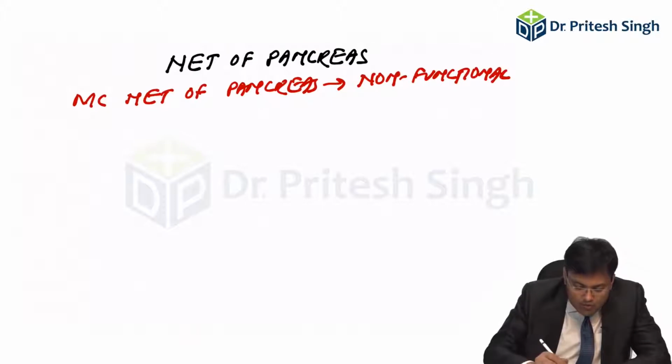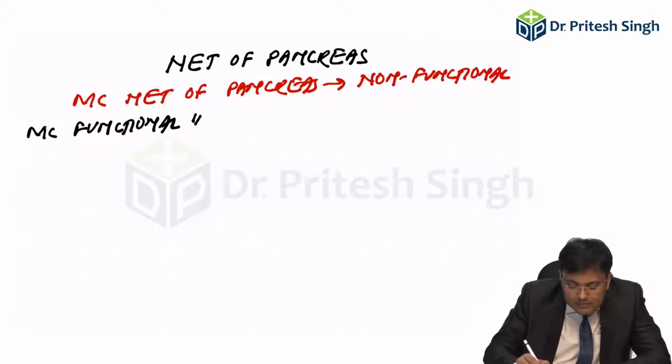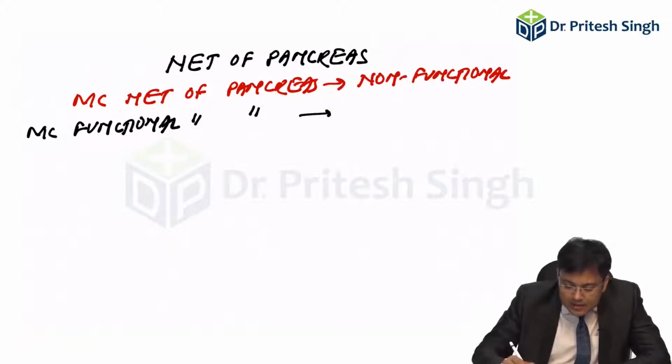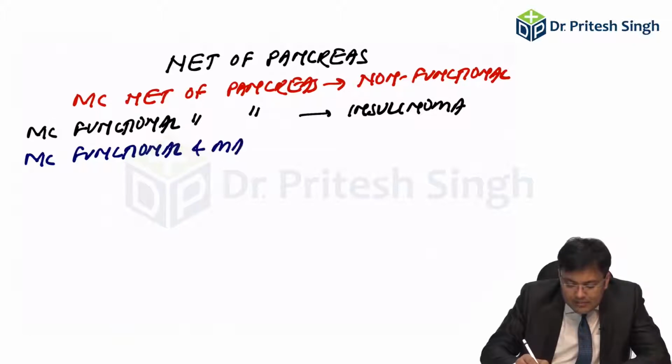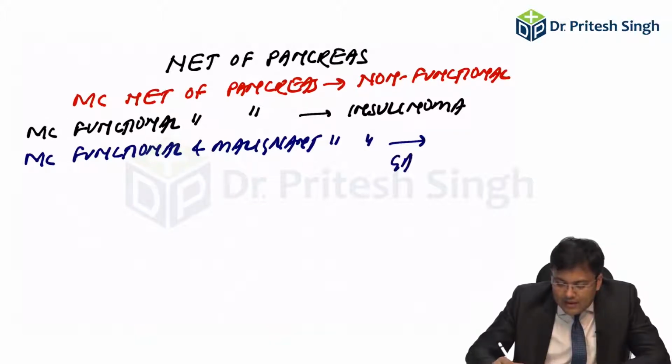Second question, most common functional neuroendocrine tumor of pancreas is insulinoma. And third question, most common functional and malignant neuroendocrine tumor of pancreas is gastrinoma.